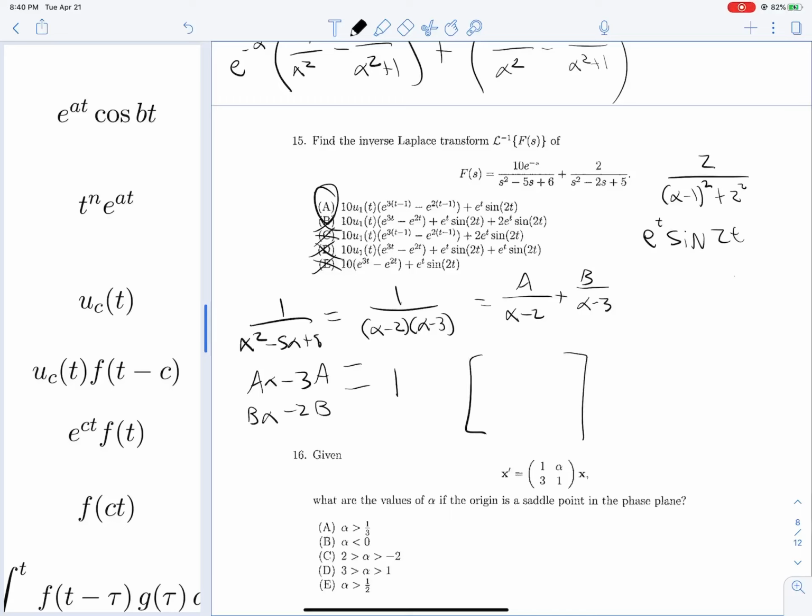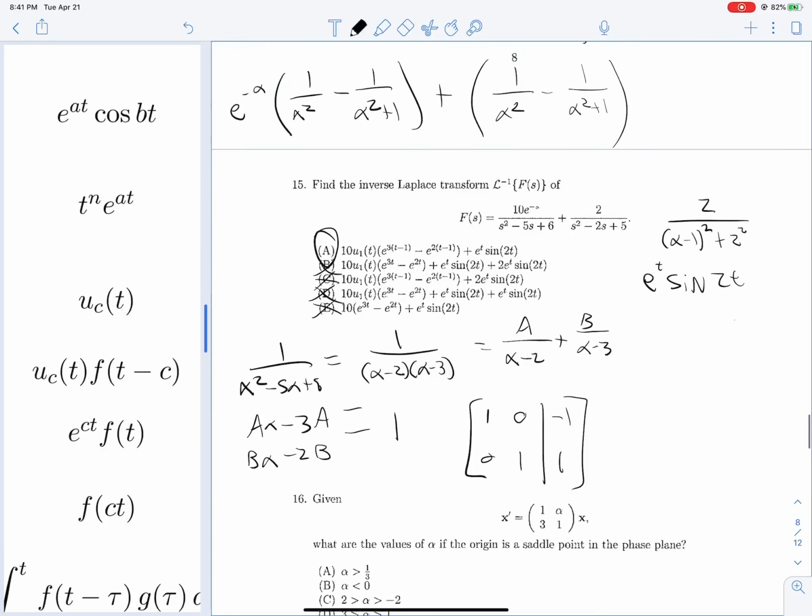So we can make a matrix: A alpha squared plus B alpha is equal to 0, and negative 3A minus 2B is equal to 1. Adding 3 row 1s to row 2, we get a 0 here, a 1 here, and then we can subtract and get our negative 1.